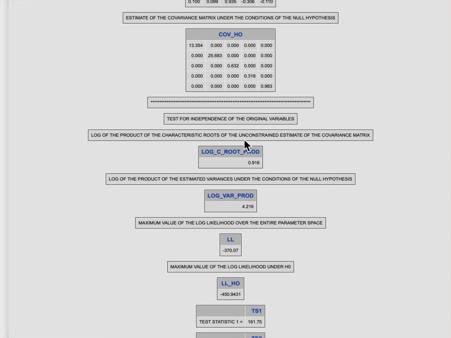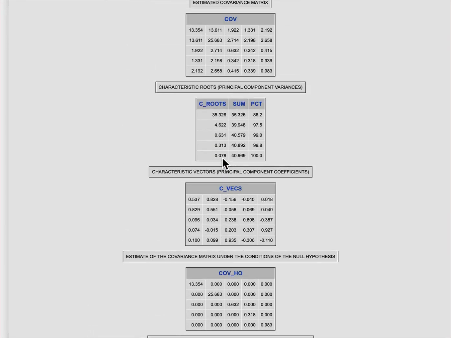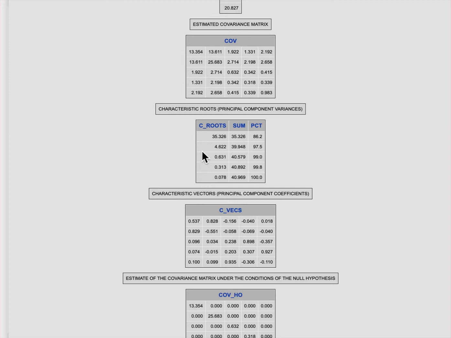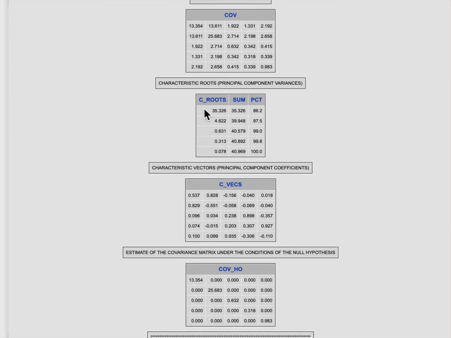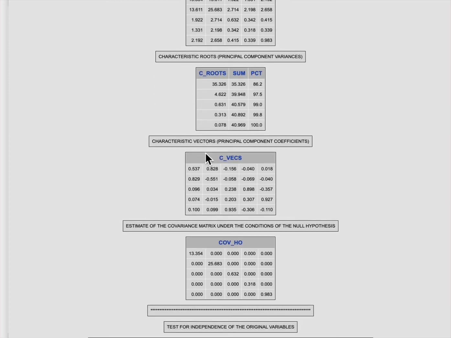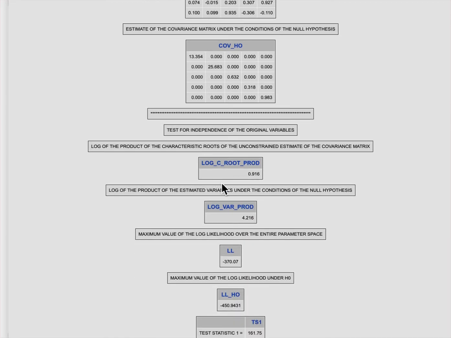This value here, 0.916, is the log of the product of the characteristic roots. Let me go back up here. Here are the characteristic roots. What I've done is take the product of these characteristic roots, and then the natural log of that product is 0.916.